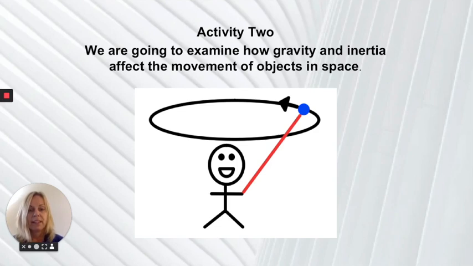Now, after you have had a chance to spin it around several times, you will finally let go of the string. Be sure nobody is in the way when you do this. I will let you do this part of the activity. Pause the video for a few moments while you do this part of the activity.